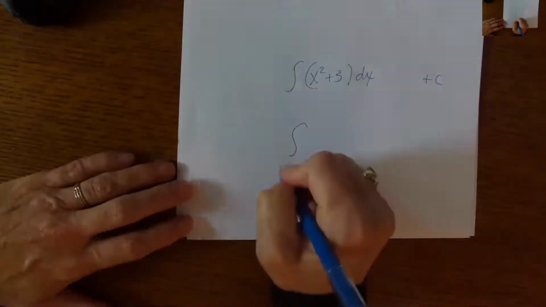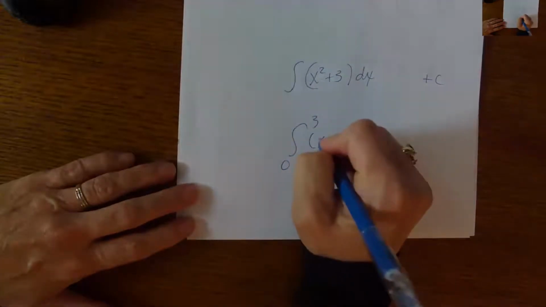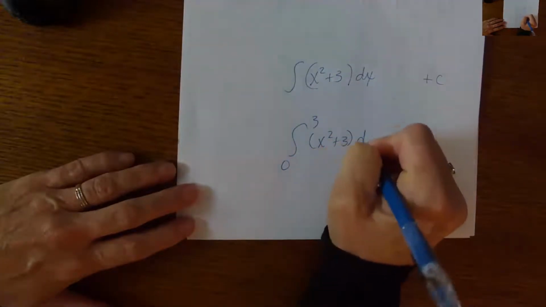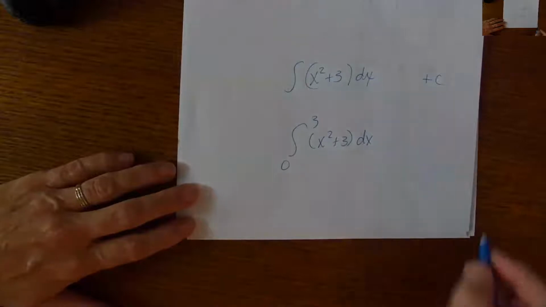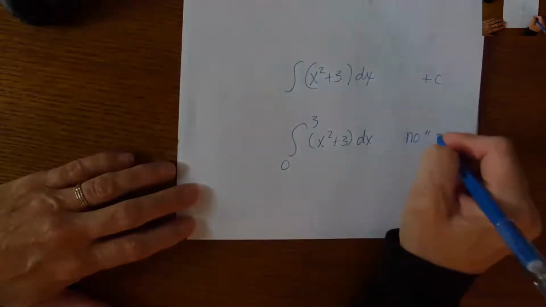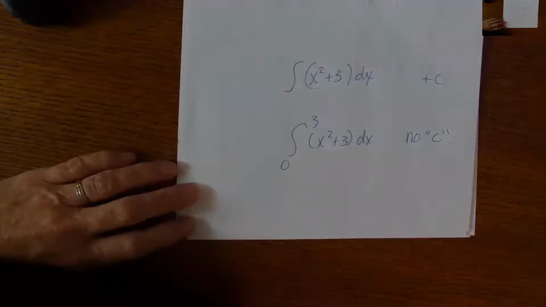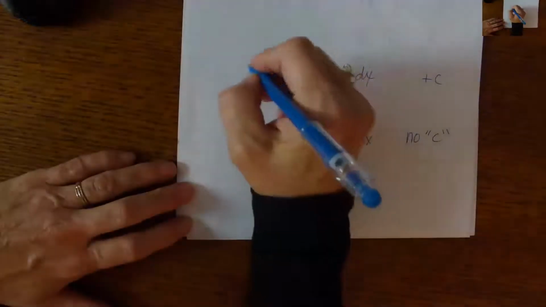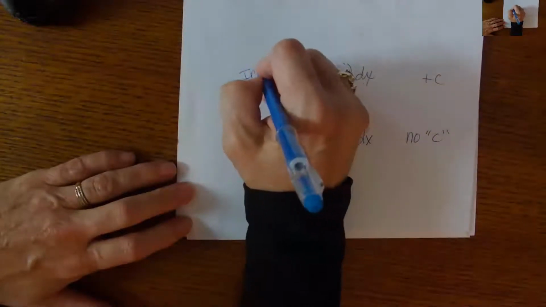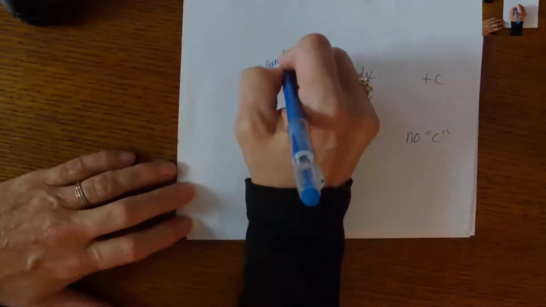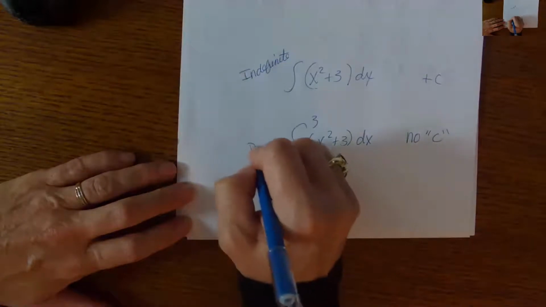If I gave you this and I told you to integrate, there would be no C to worry about. Do you see the difference? This is indefinite. This is definite.